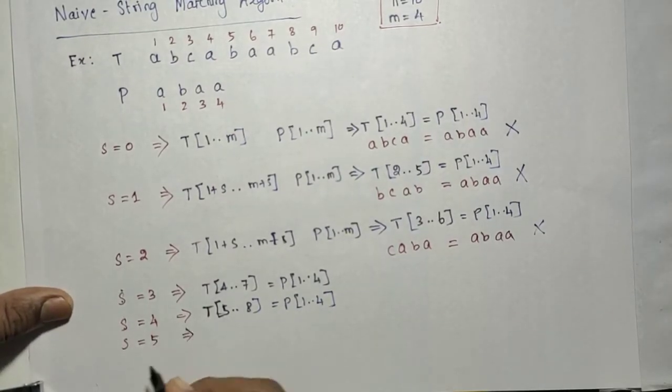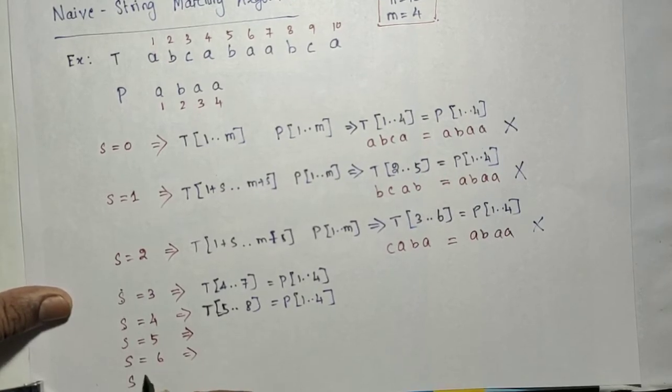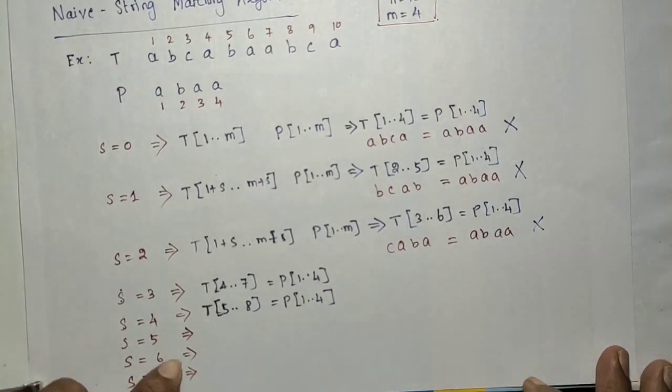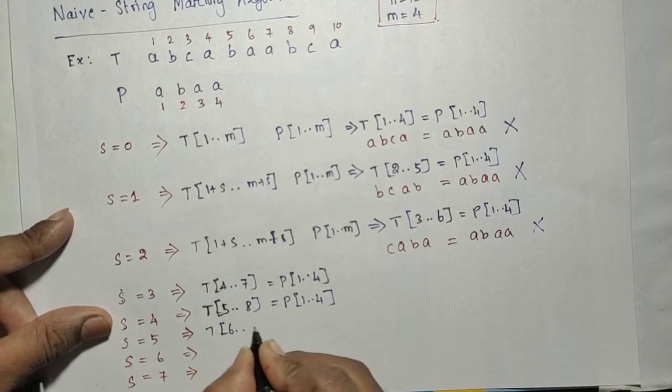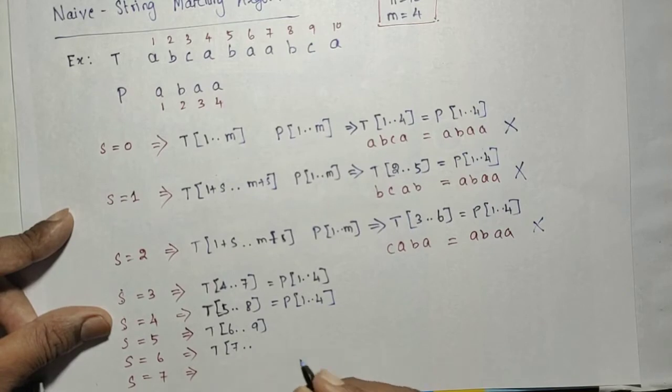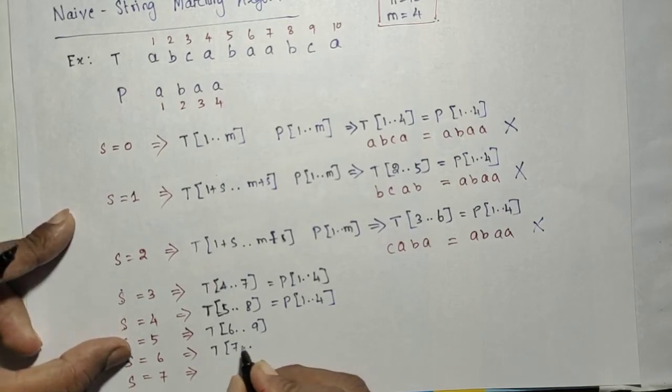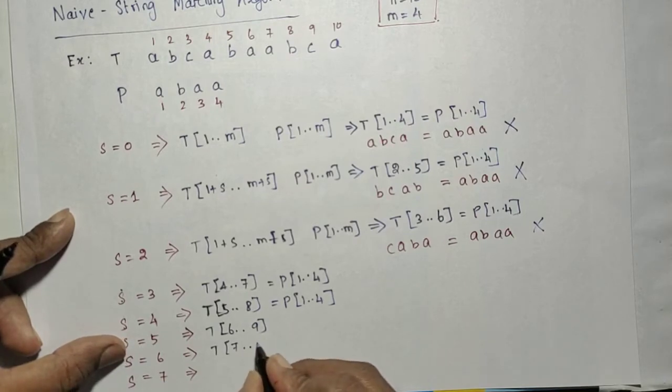So s equal to 5, s equal to 6 and then what? s equal to 7. Okay. In each iteration here, this T of what? 6 to 9 will be compared. T of what? 7 to 10, correct?